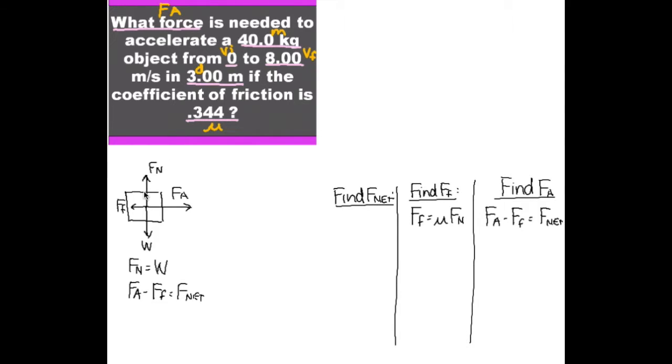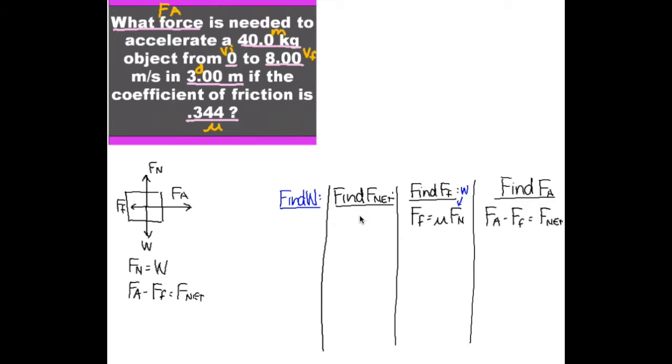The normal force is the same as weight, but we don't have weight either. So we'll have to find weight. I'm going to write myself a note here so I remember that weight is equal to normal. I'm going to write find weight. Okay, so this equation will be ready when I get to it.